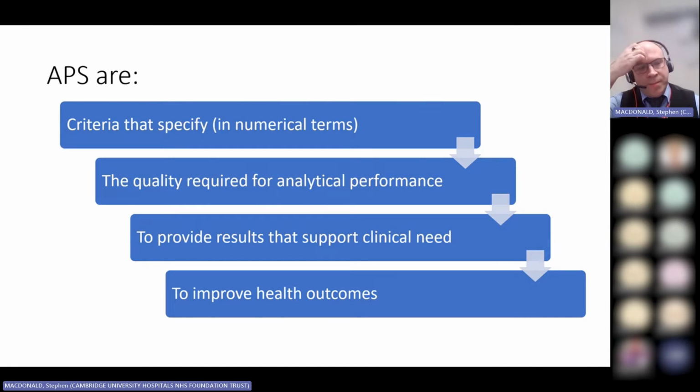So what do they look like? In the simplest terms, performance specifications are criteria that specify, using numerical terms, using a number, what quality of our assays is required and the quality of analytical performance, so that we can provide results that support clinical need and improve health outcomes.